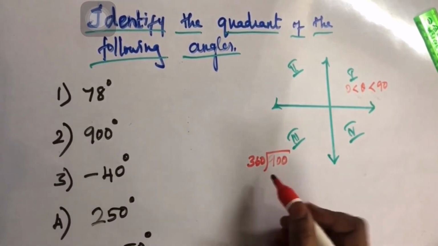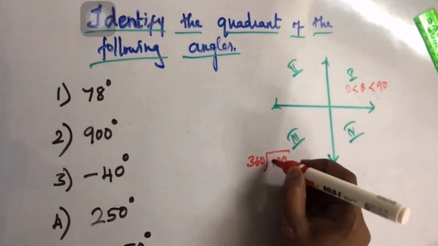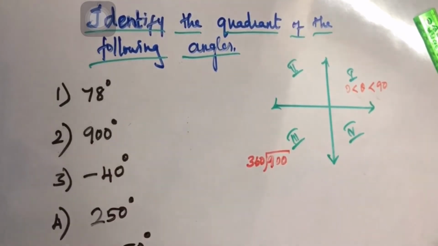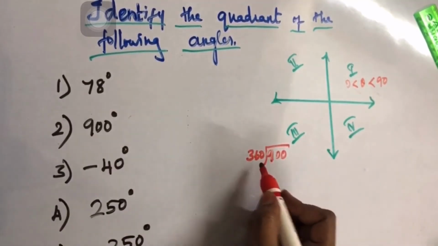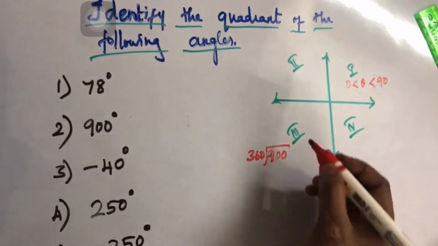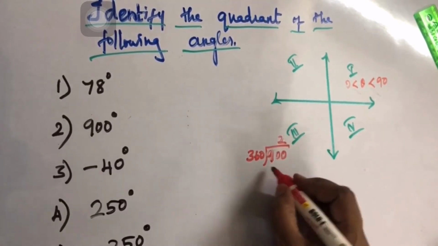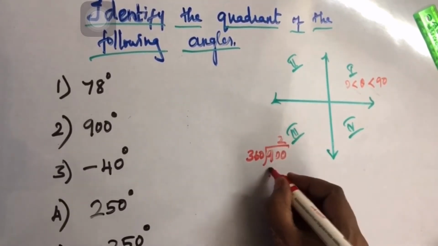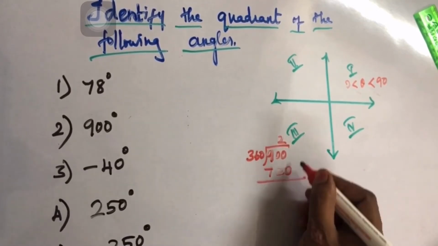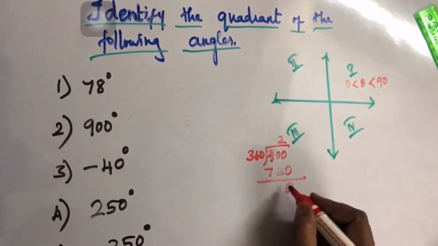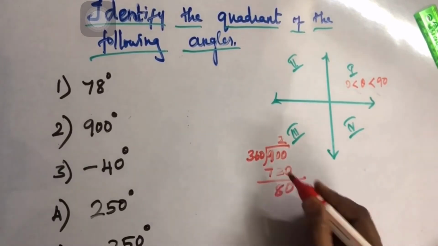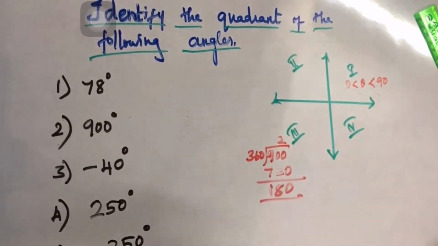For one complete rotation it takes 360. So, you have to divide the measure of the angle by 360 degrees. So, how many times will it take? Approximately 2. So, 2 times 360 is 720. So, while subtracting, here 180.